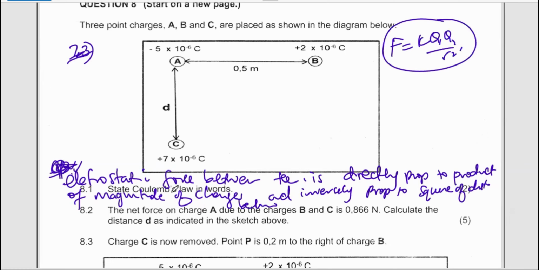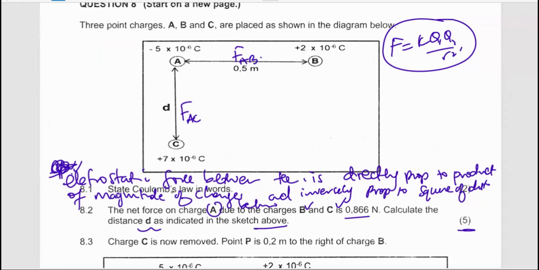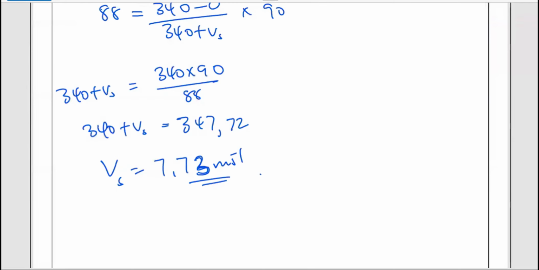Then 8.2, they're telling us that the net force on A due to B and C is 0.866. Can we calculate the distance d as indicated in the sketch for 5 marks? We need to get the force FC and the force FAB. Let me start here.